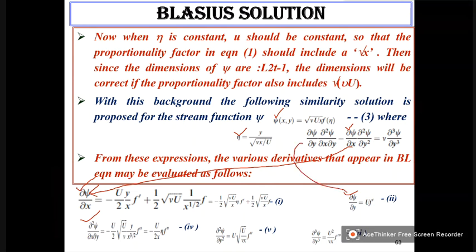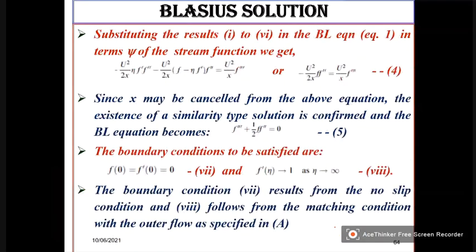This is dou psi by dou y. And this is this, and finally this, right? So these are the things which we take.